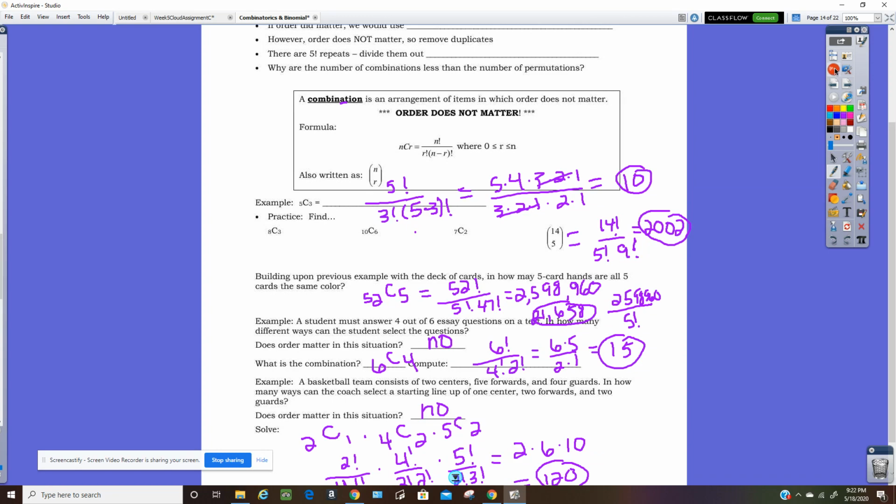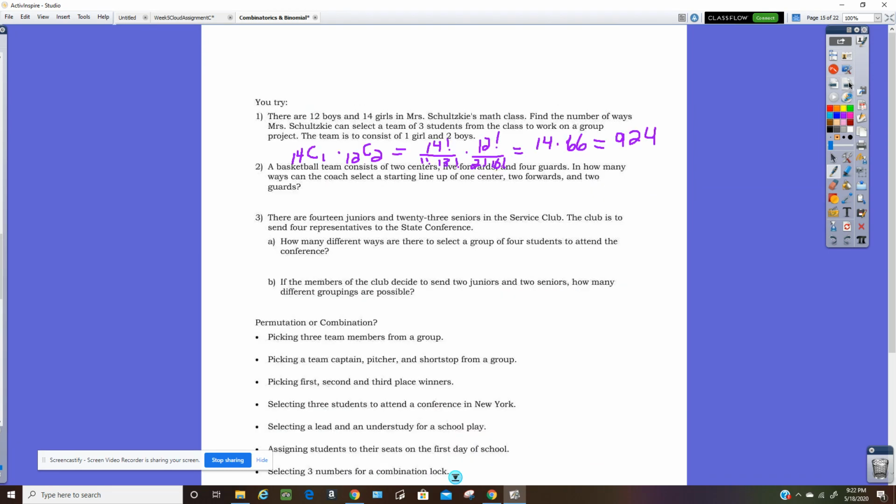One center, 2 forwards, and 2 guards. Yeah, this is the same as the previous one, same as page 14.